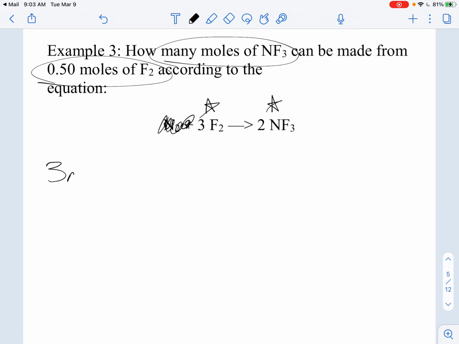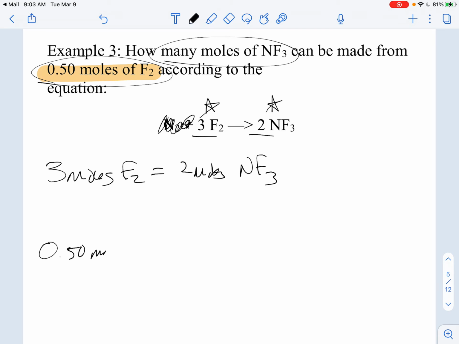So what can I say? I can say 3 moles of F2 equals 2 moles of NF3 because of the 3 that's here and the 2 that's here. So now then, what was I given in the problem? Well, I was given 0.5 moles of F2, so I'm going to start with that. 0.50 moles of F2 over 1, and I'm going to multiply that by either 3 over 2 or 2 over 3.